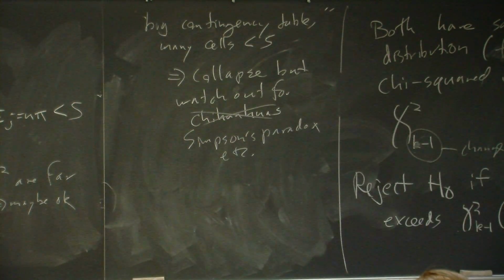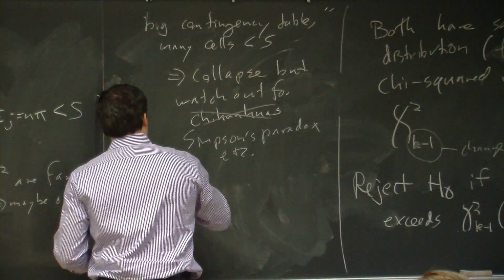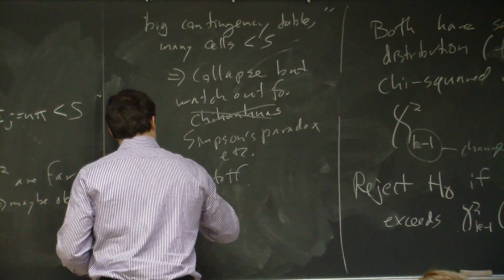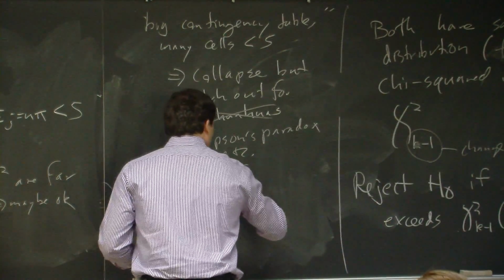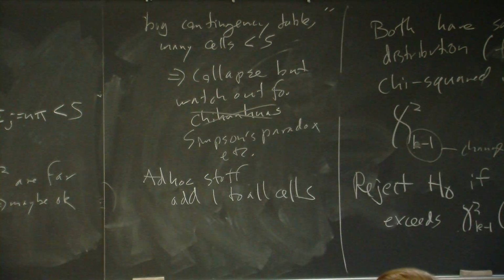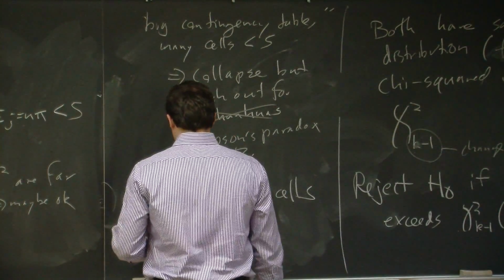So it's a delicate thing, and you probably want to do several different techniques and see that they all give similar answers. The other things you can do is the same sort of ad hoc stuff, like add 1 to all cells. Seems crazy, but sometimes it actually works. Or add a small value to all cells.